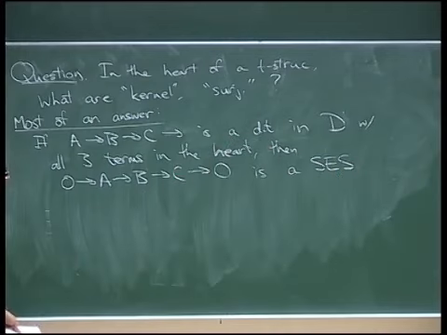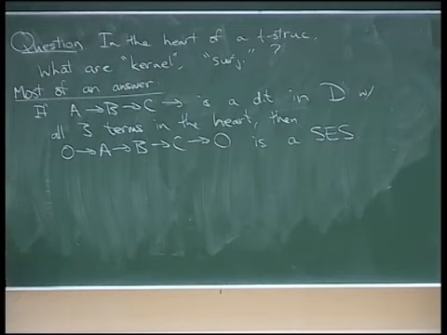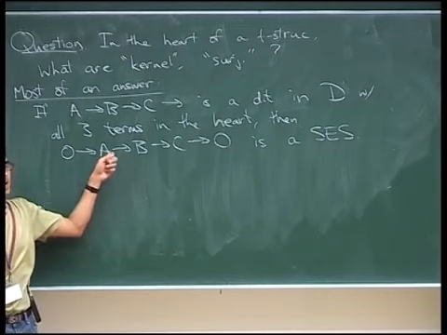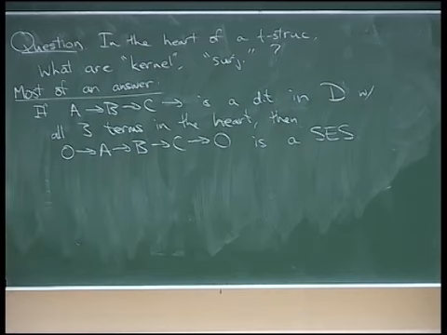And well, what does that mean? The kind of thing that's going on here is that the map between A and B, well, to prove this kind of thing, we need to prove that it's injective in the categorical sense.